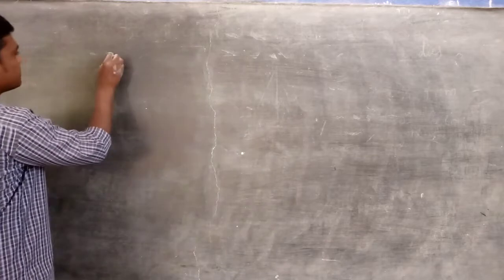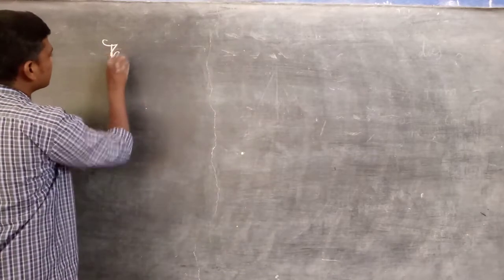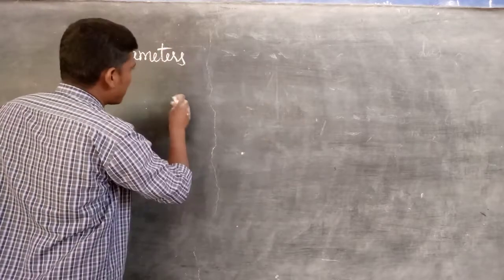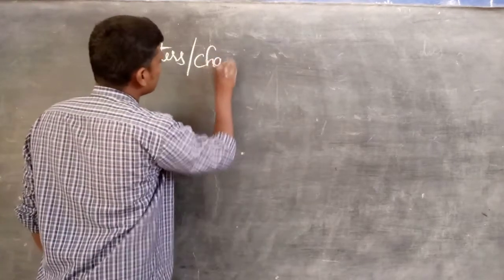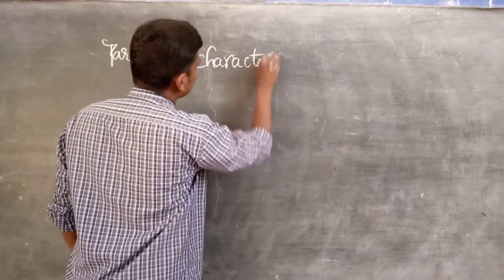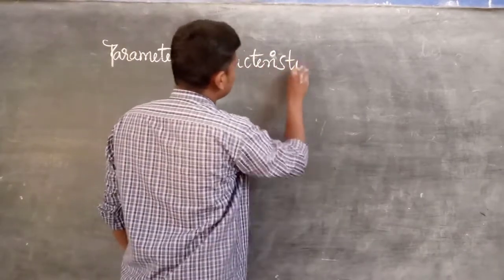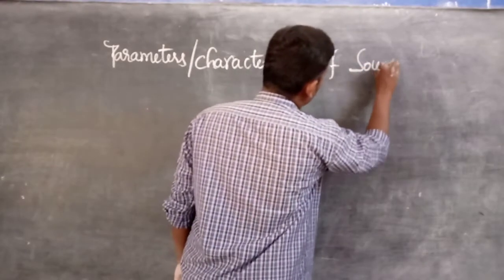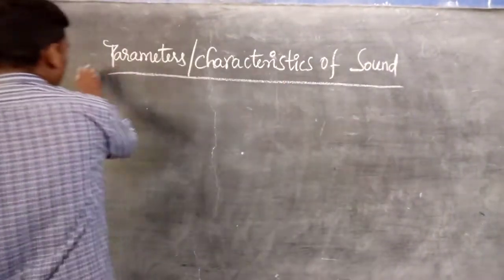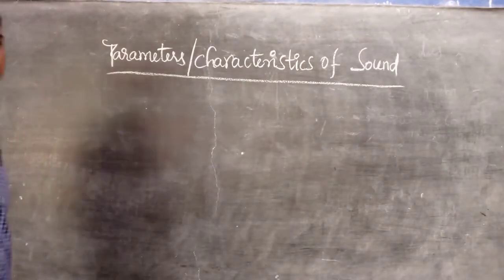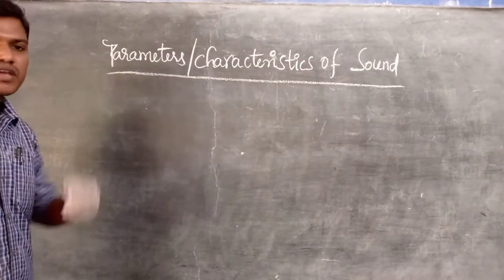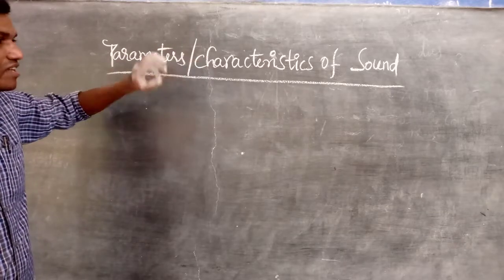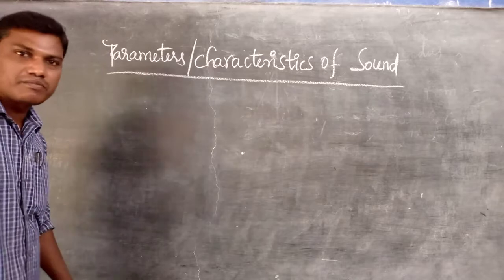Now, the parameters or characteristics of sound are very important for 1 mark or 2 mark or bit questions. In one way or another, they will ask a question from this concept.